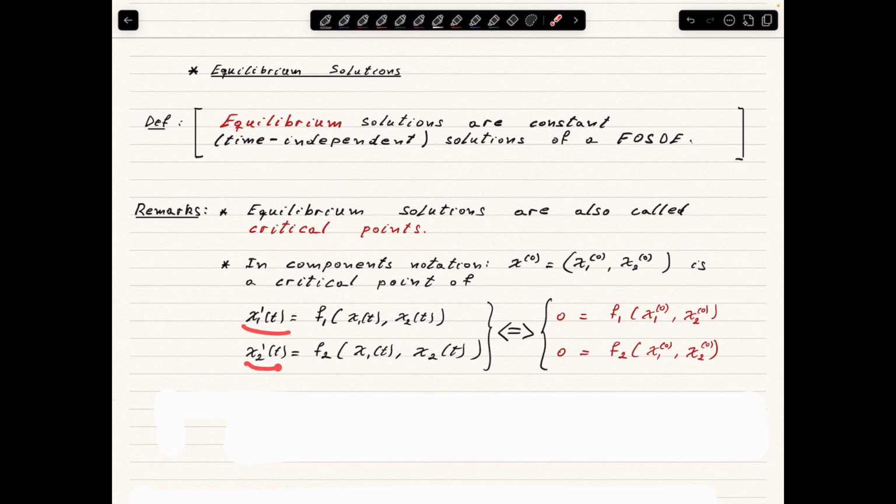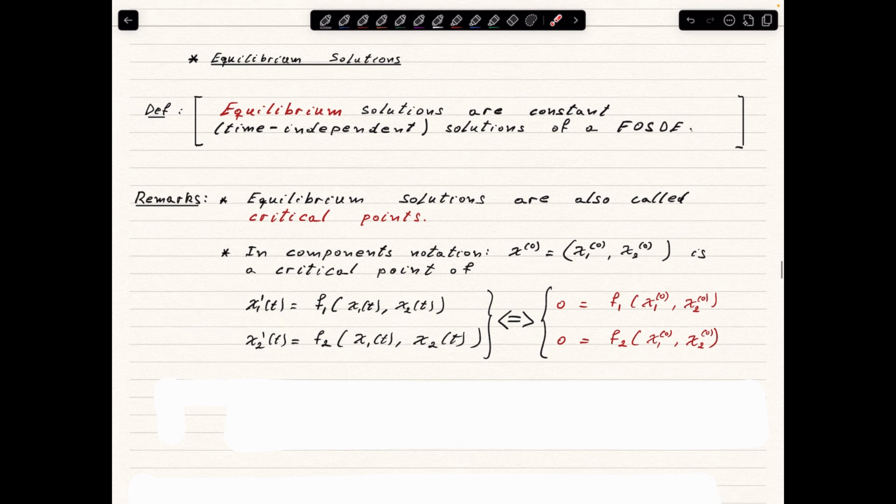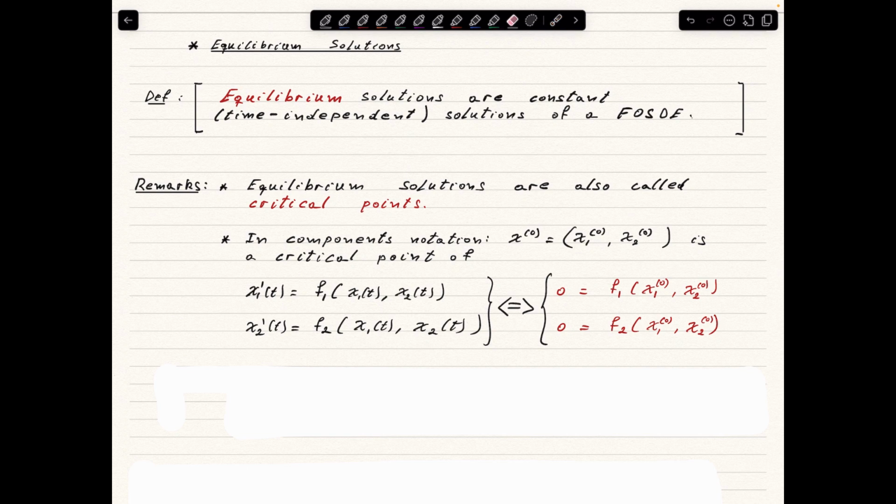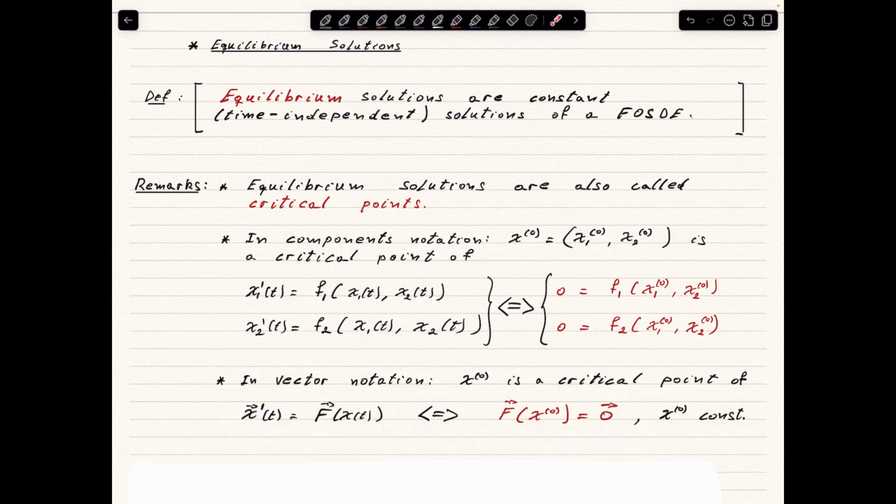Because it's constant, these time derivatives have to be 0, and then we end up with these equations for the critical point. These are the equations in components, and in vector notation, this system can be written in this way, and then x0 is going to be a critical point if it's a constant solution of this system.